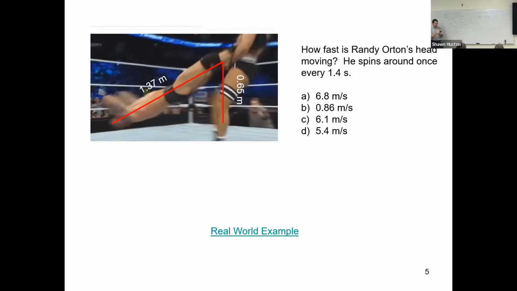The other guy's name is Cesaro. So yeah, if you wanted to know. Your forearm is as long as your foot. I did not know that.